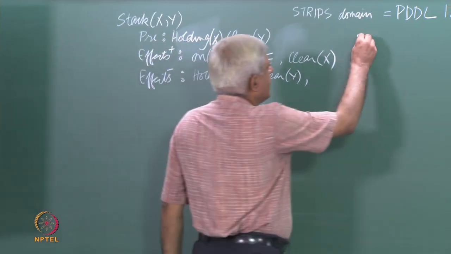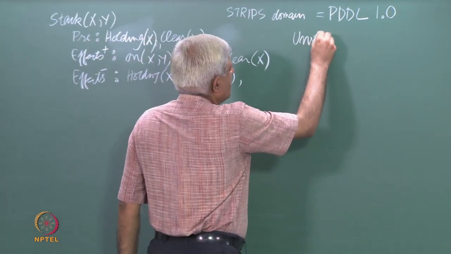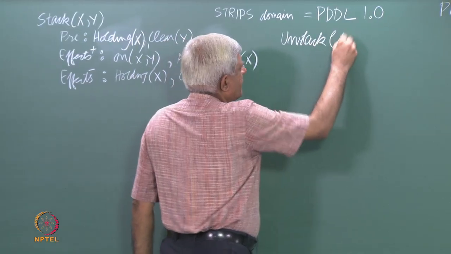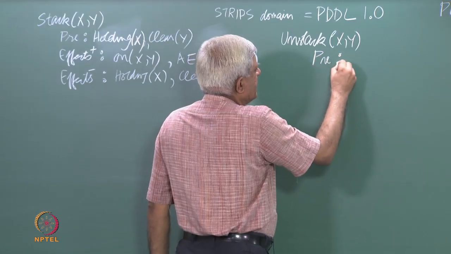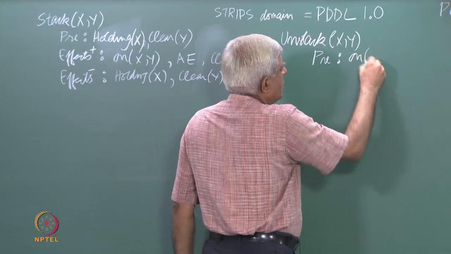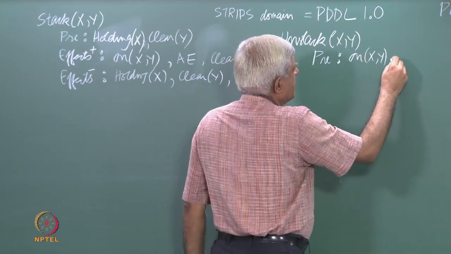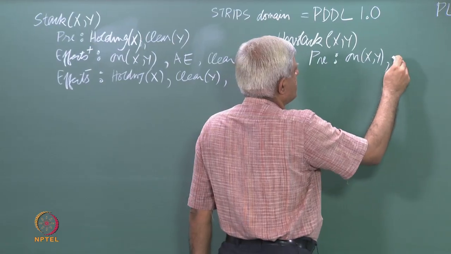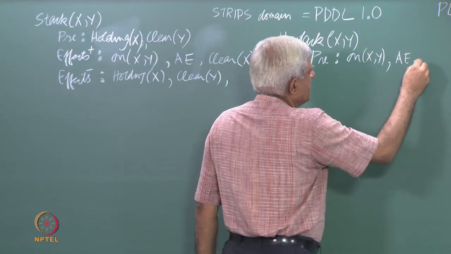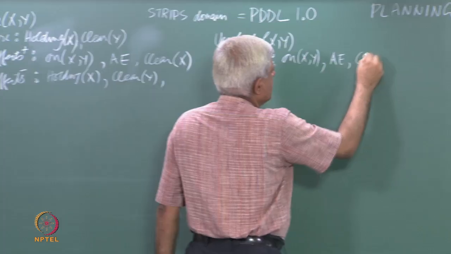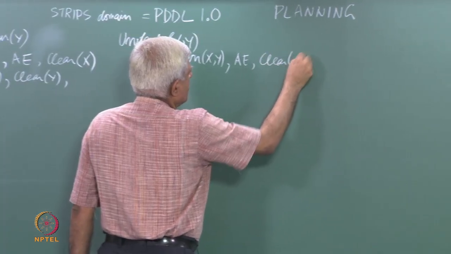Similarly, we had defined unstack x y, which is the inverse of this. So, the preconditions are on x y, arm empty and clear x.